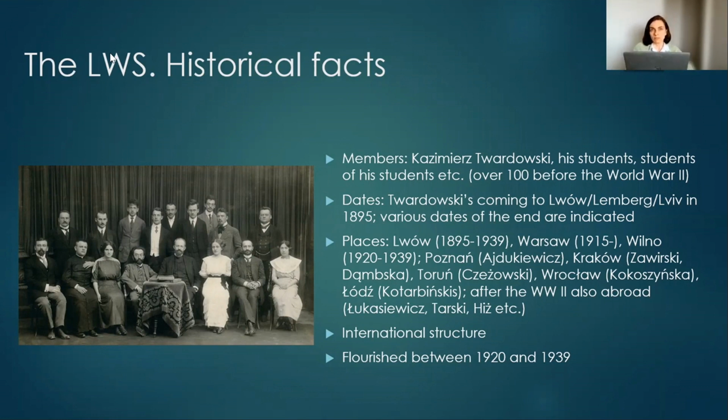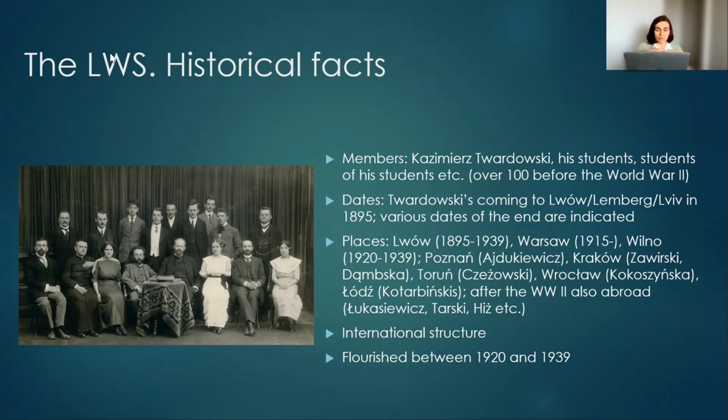And when we mention Kazimierz Twardowski as a great teacher, as a master of his students, his main feature was that he was very just. He treated everyone equally. He evaluated his students only based on their academic effort, the results of their work, not based on nationality, nor on sex, for instance.